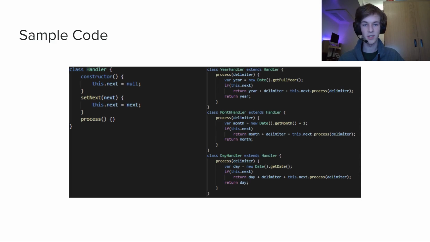Each of these classes retains the base class's setNext function for setting the next pointer and implements the process function. For example, the year handler function grabs the current date, and if it is not the last in the chain, returns it concatenated with a custom delimiter and the next handler's output. If it is the last in the chain, it simply returns the year.